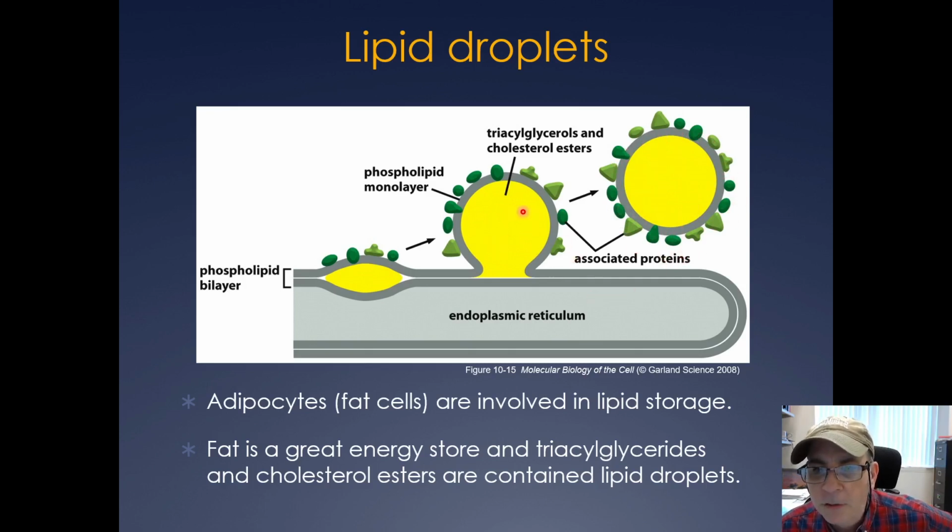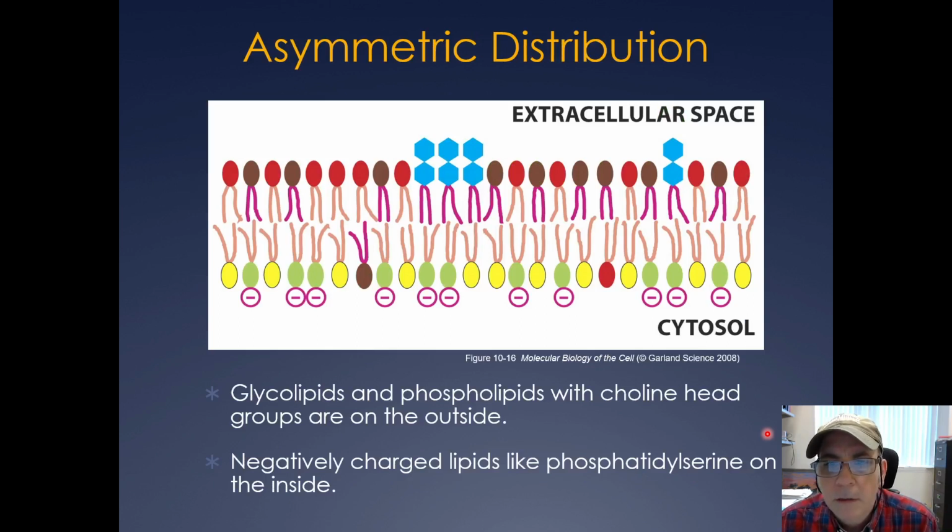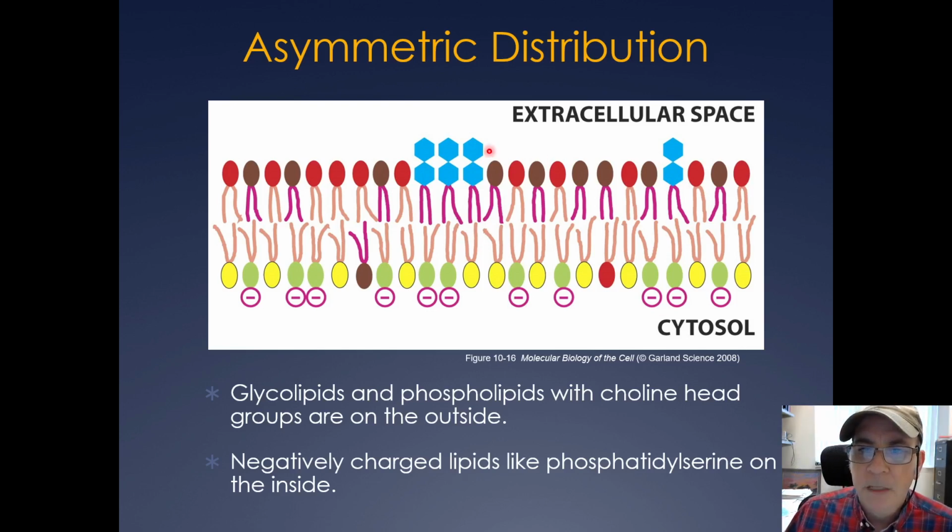And fat is an amazing store of energy, and so your cells really like to do it. So not only do you have different phospholipids in different membranes, but the leaflets themselves will have a different distribution of phospholipids.